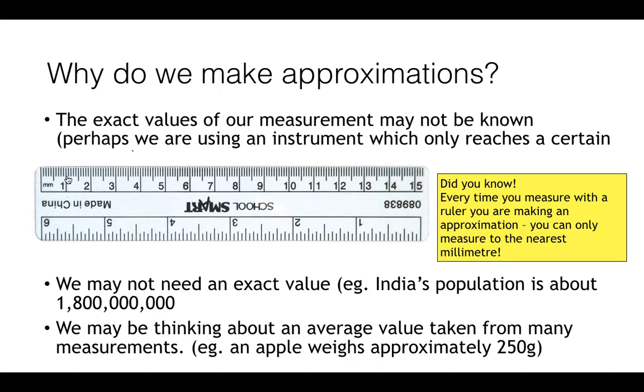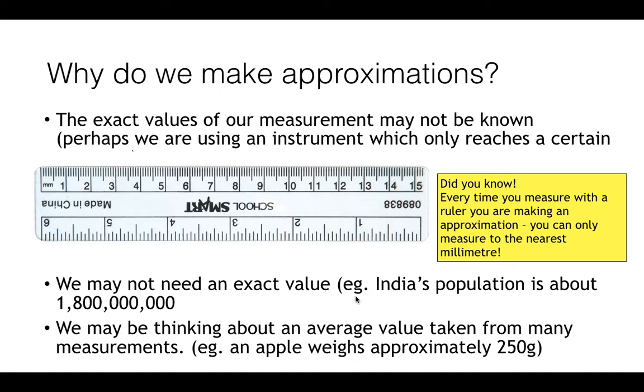So every time I'm using a ruler to measure in centimetres and millimetres, I'm making an approximation. I'm approximating whether something is closer to, for example, 5 millimetres or 4 millimetres. So we are rounding to the nearest millimetre in this case.